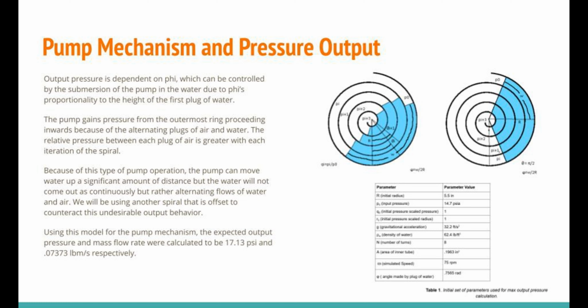This table below contains all of the parameters for the physical construction of the Wirtz pump and was used to calculate the theoretical output pressure and mass flow rate, which were found to be 17.13 psi and 0.07373 pound mass per second, respectively.